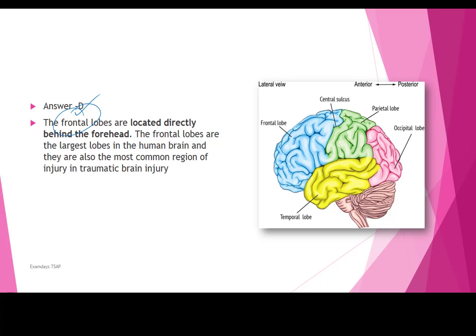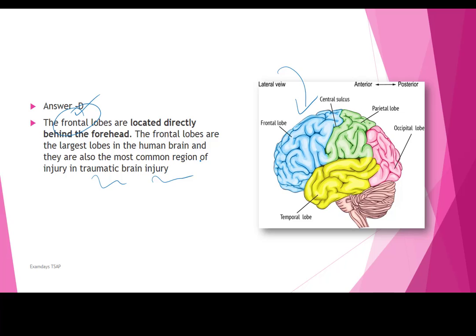An image is given on the screen for reference. Frontal lobes are located directly behind the forehead. They are the largest lobes in the human brain, and also the most common region of injury in a traumatic brain injury.